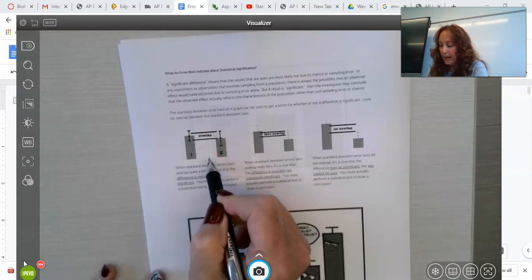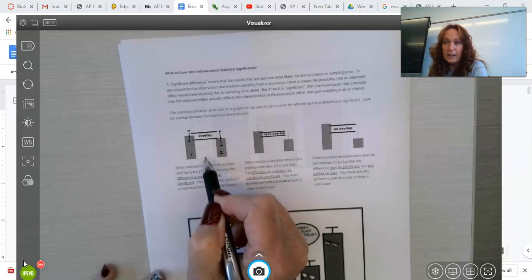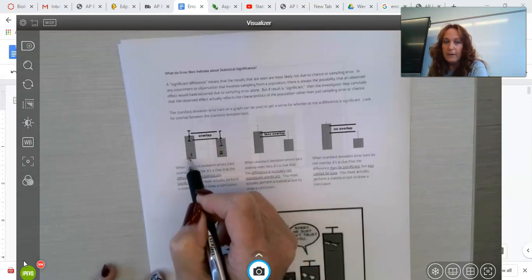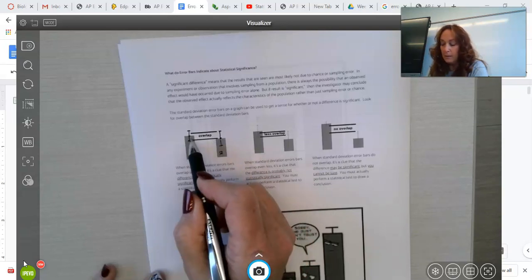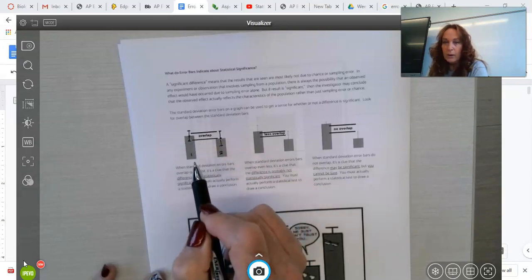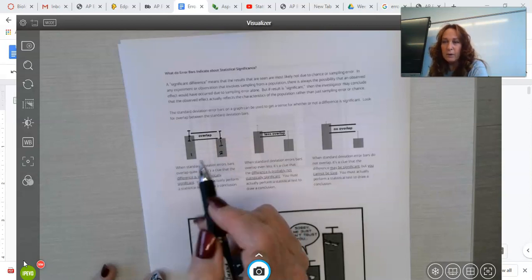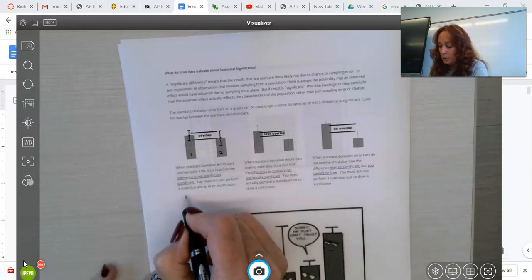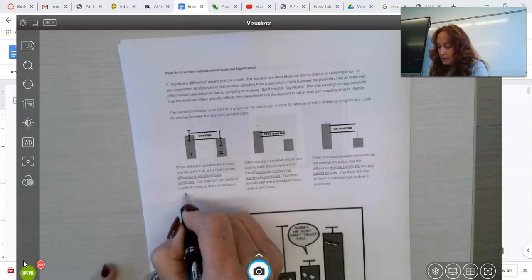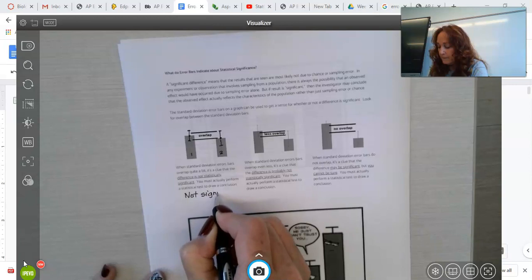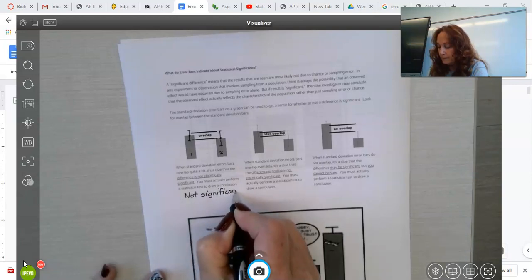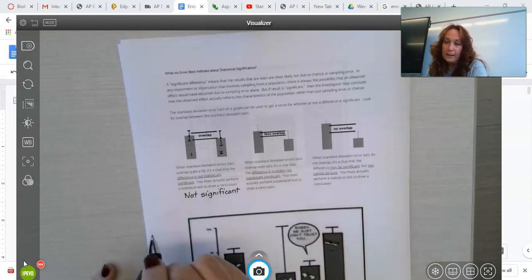This means that they belong to the same group, that they're just a different measurement that could belong to the same group. So they're not different. For this one, we would say this is not significant. We can't say they're different.